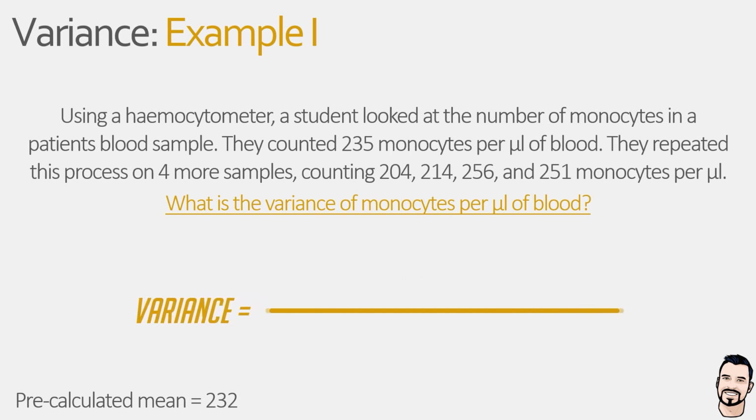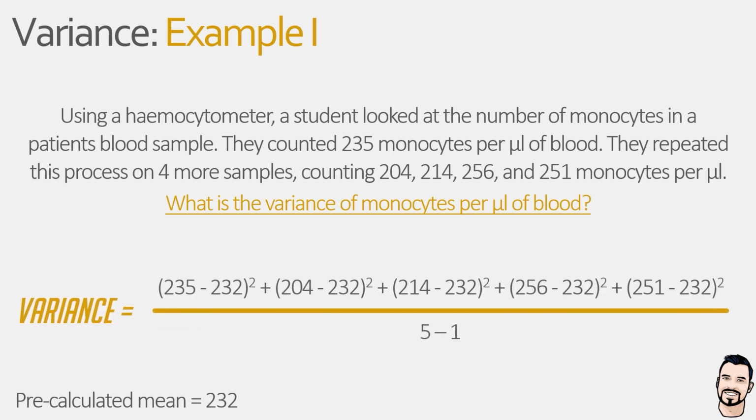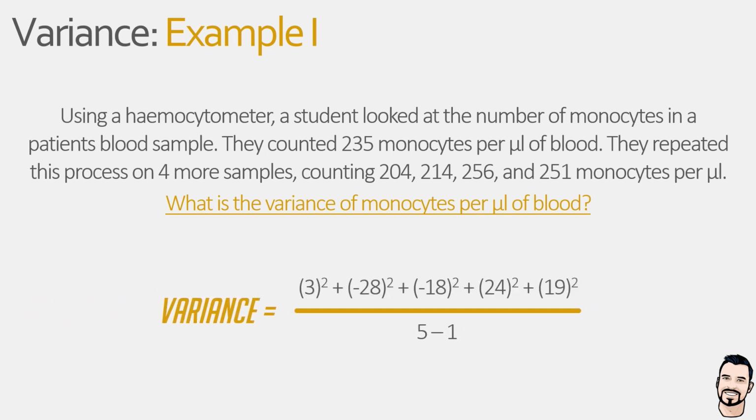So x minus x bar becomes our data value minus the mean data value, i.e. our deviation, repeated for each data value, and n becomes the number 5 as this is the number of data values observed. Now to make things easier, we can start simplifying this equation by calculating everything in the brackets on the top line of the equation, which still has some work to do.